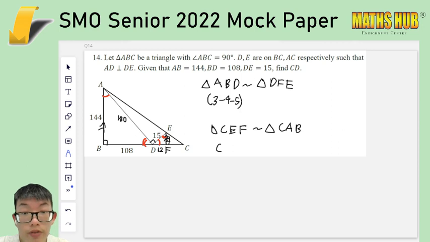So CF over CB, sorry, that looks like an L. CF over CB is equal to EF over AB, which is 9 over 144, which is 1 over 16.